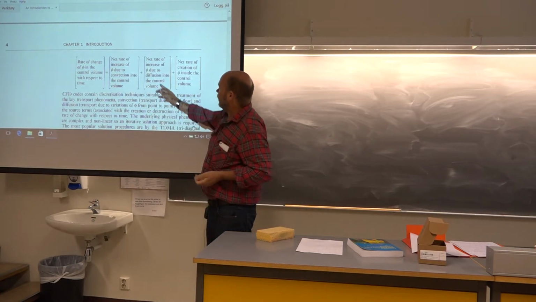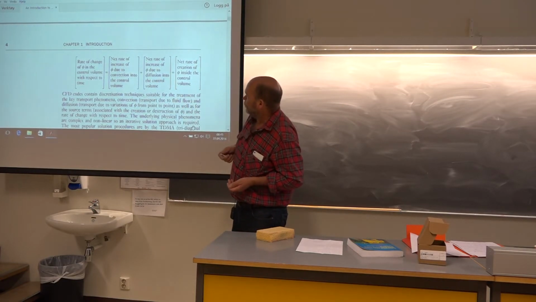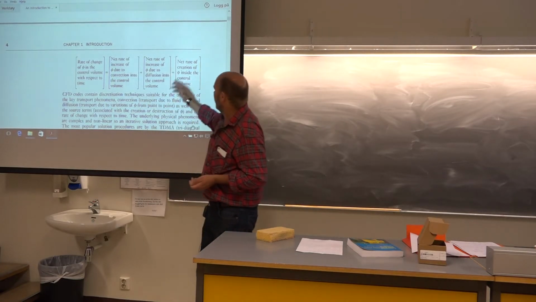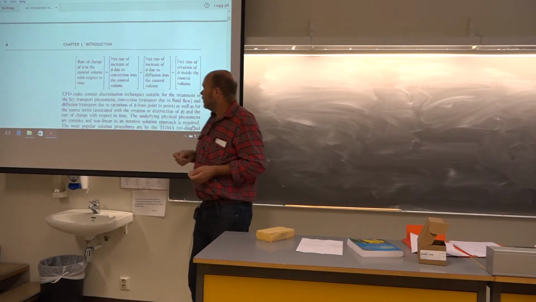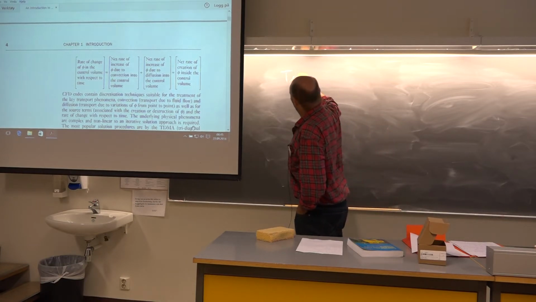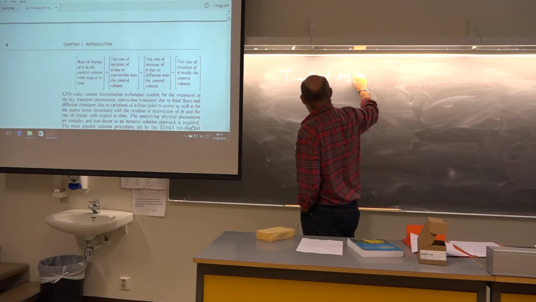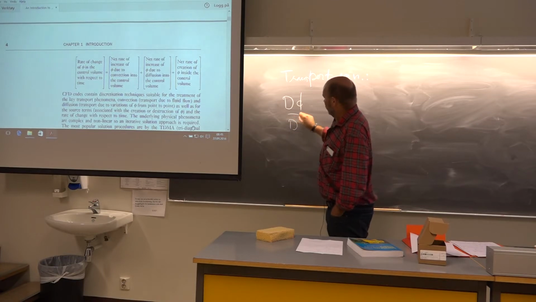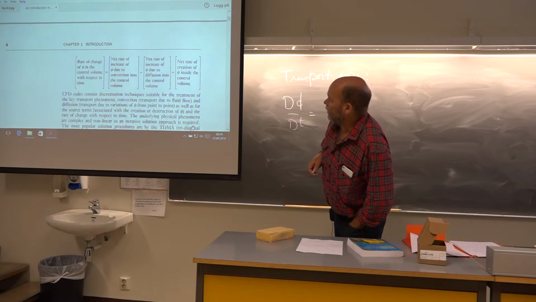And then you have diffusion mechanisms. And then you will also have convection. Production, convection, and diffusion. So a transport equation for any quantity, you can actually write it like this. ddt equals, what do we start with? We have convection.